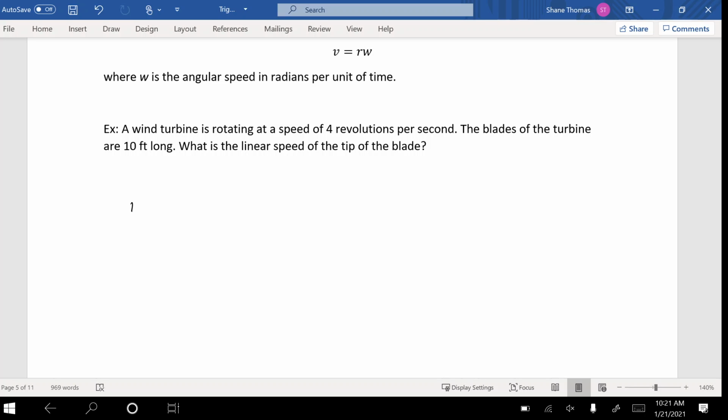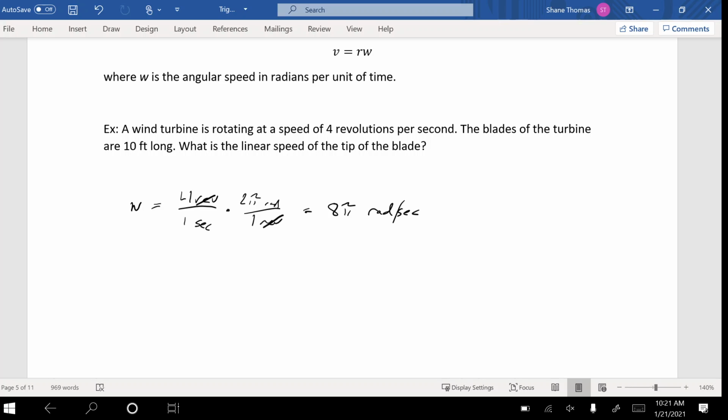My angular speed is w. I have 4 revolutions in 1 second. So it's cruising. Let's change this to radians, so 2 pi radians over 1 revolution, same as we did before. So I'm looking at 8 pi radians per second.